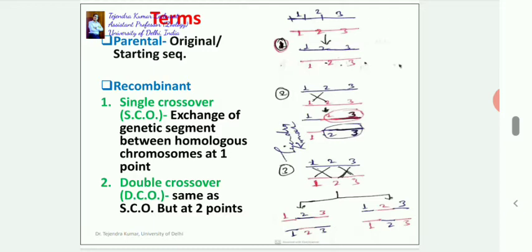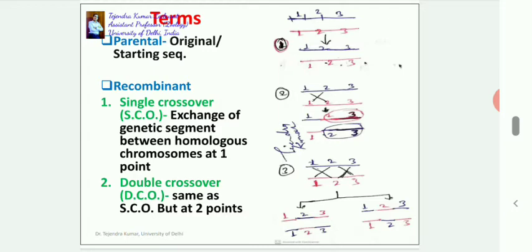The first one shows a blue chromosome having three genes, 1, 2, 3, and below it there is a red chromatid which also possesses 1, 2, 3. After a generation this looks the same as it was, so there is no recombination. But in the second case, genes 1 and 2 are exchanging.